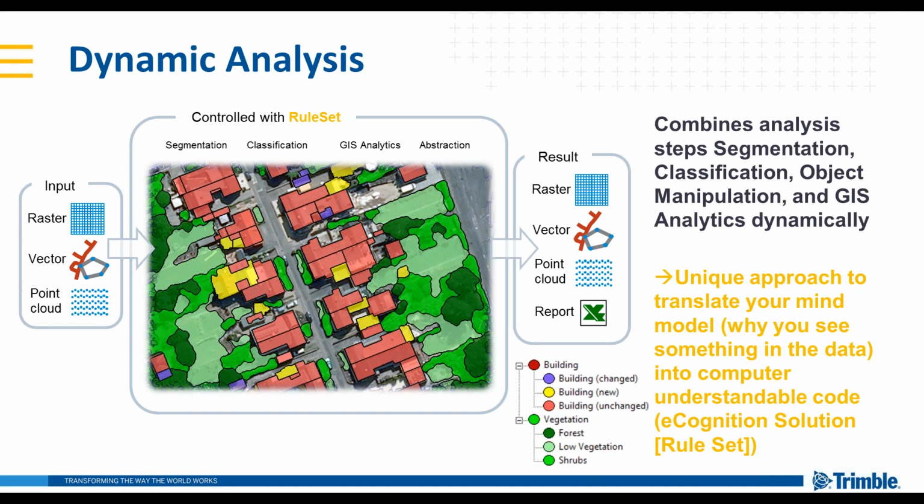Maybe you're just simply wanting to calibrate or classify your point cloud, or even just a simple export in an Excel file. You just simply want to know percentages of some particular feature per lot in a particular data set, for example.